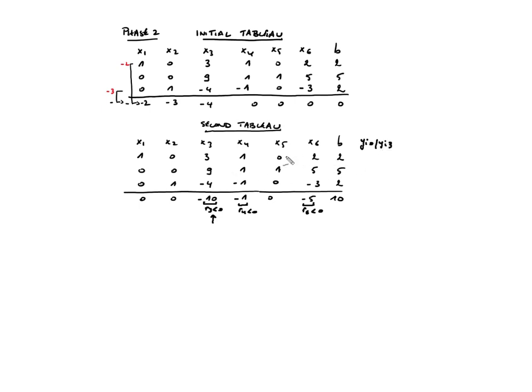So that's this one divided by this one, 2/3. This one divided by this one, 5/9. And this one divided by this one is -1/2. And we'll choose the smallest positive ratio in this column. And that's 5/9. So this means that the pivot is 9 over here. And as you can see here, well, x5 will leave the base.